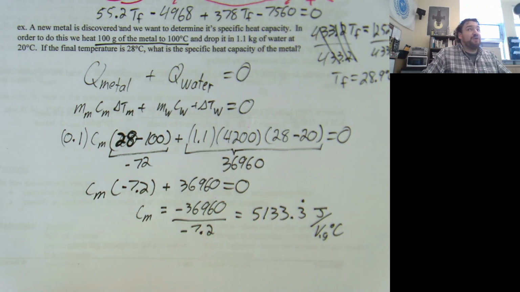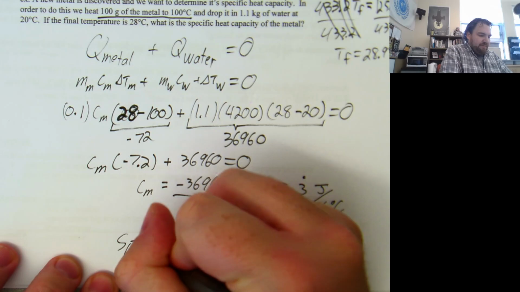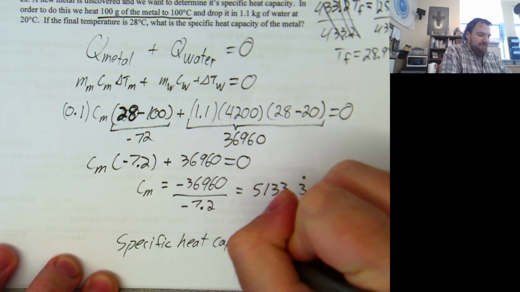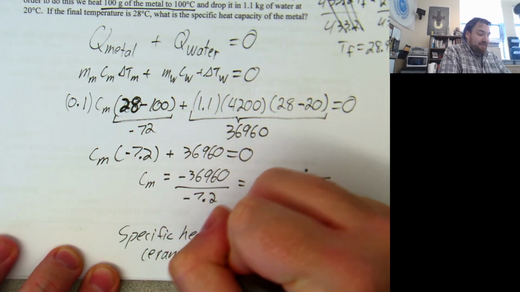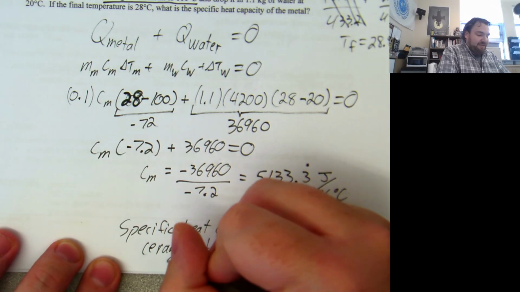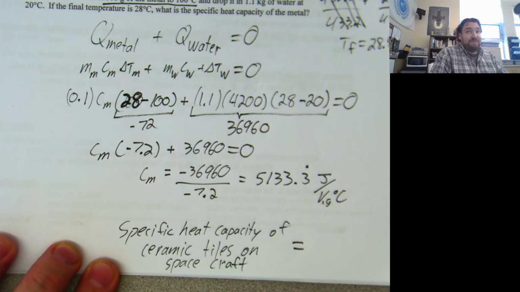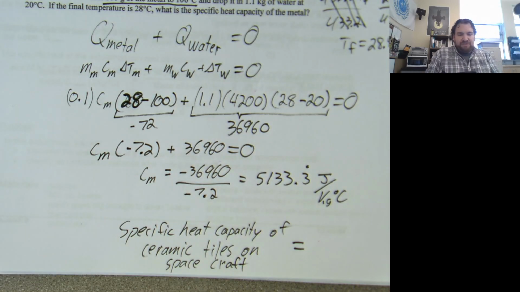Just for those of you who might be interested, the specific heat capacity of the ceramic tiles on spacecraft equals, I'll make sure I get this number right, 0.628.